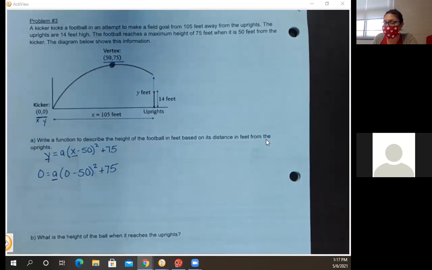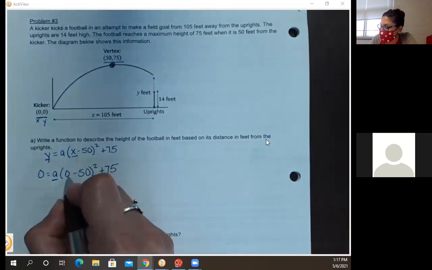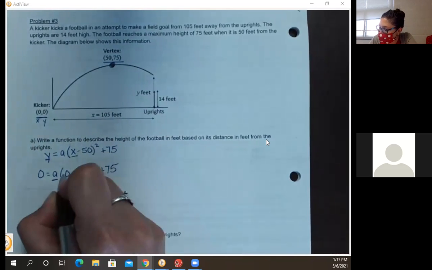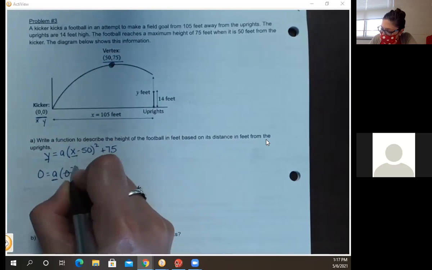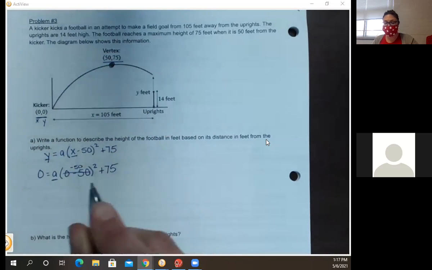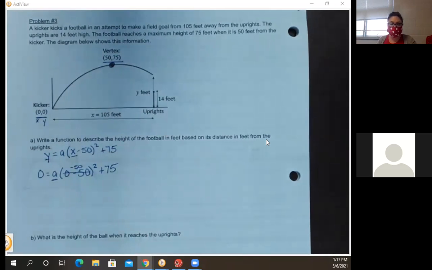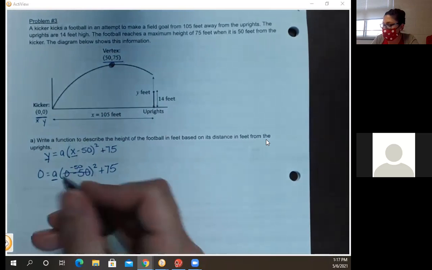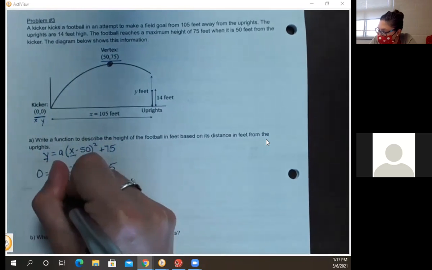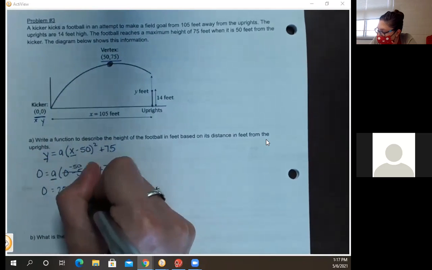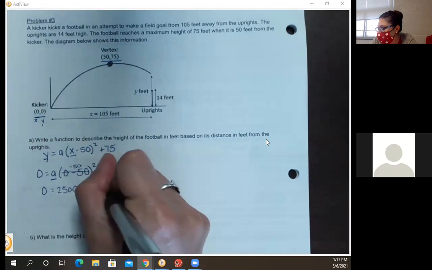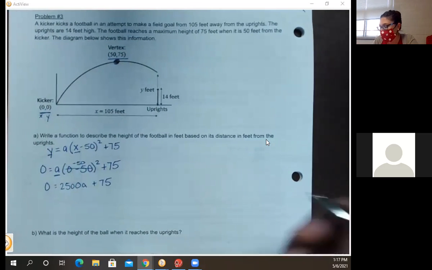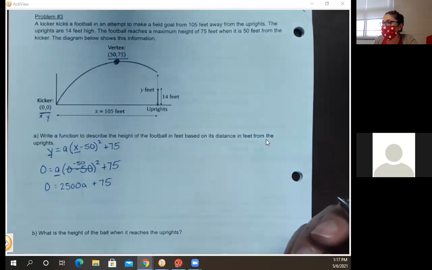Remember to follow order of operations as you're working. So I'm going to start inside parentheses. 0 minus 50 is -50. -50 squared would be 2,500. So I have 0 equals 2,500a plus 75. But this is just a linear equation that we're trying to solve.